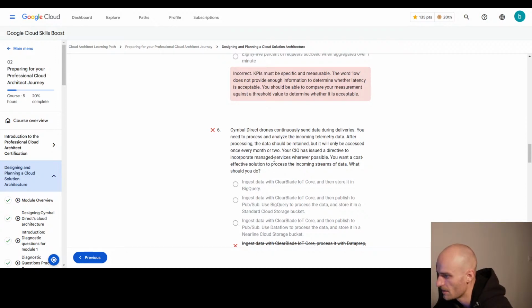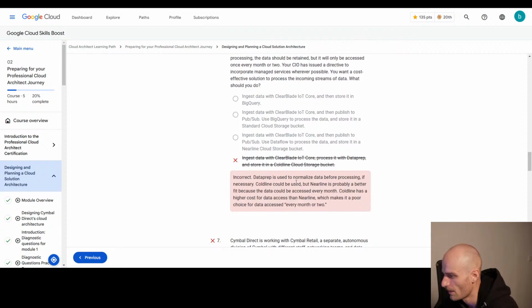Then Symbol Direct drones continuously send data during deliveries. After processing, the CIO wants to be cost effective. What should you do? Data prep is used to normalize data before processing, if necessary. Coldline could be used, but Nearline is probably a better fit because the data could be accessed every month. Coldline has a higher cost for that access than Nearline, which makes it a poor choice for data accessed every month or two.